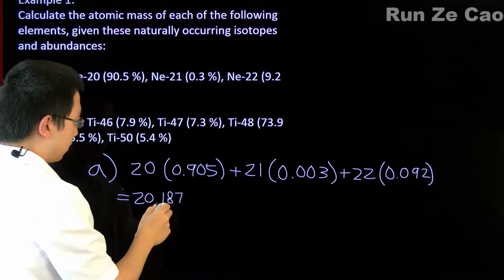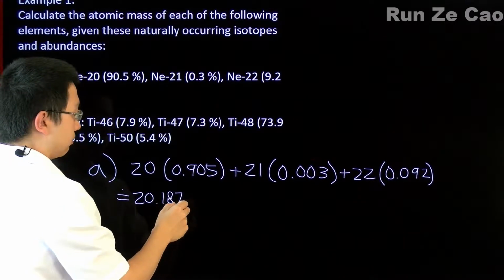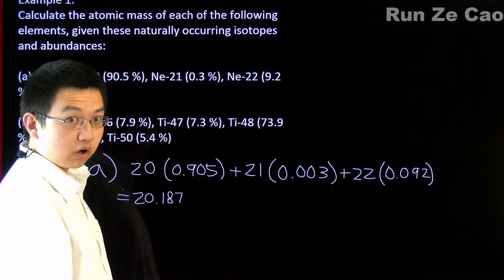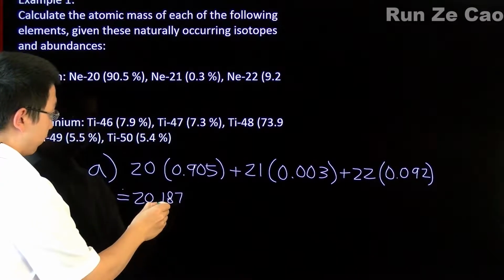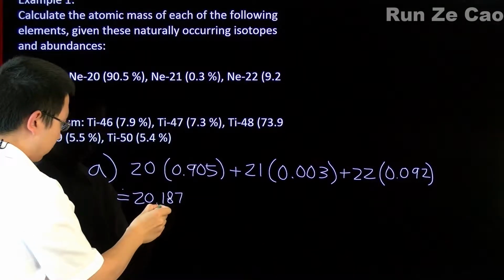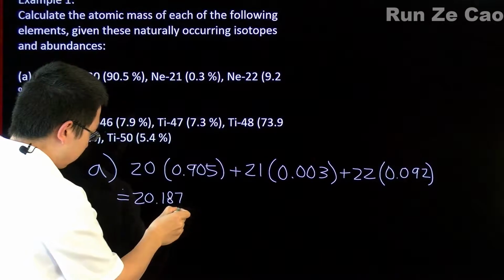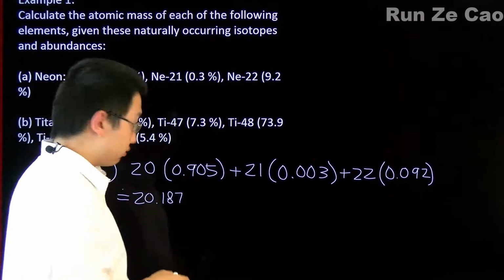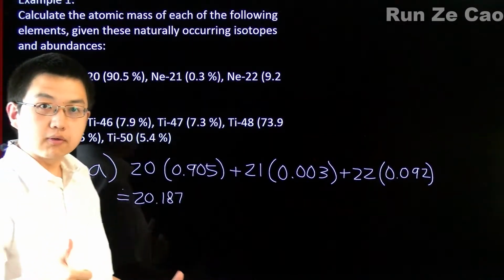So that would be 0.184. So the fact that we got 187 here, oh wait, look, 0.3%, so that's 1,000. Oh, that's 3,000. And this is plus 1. So, okay, our answer is reasonable.